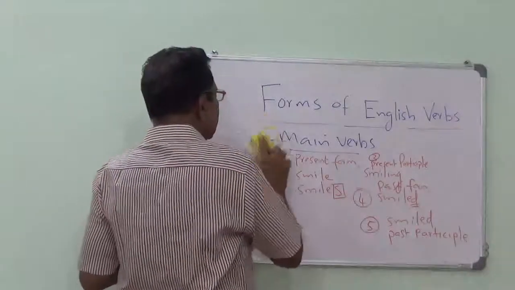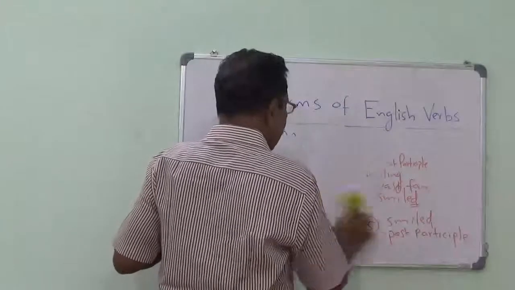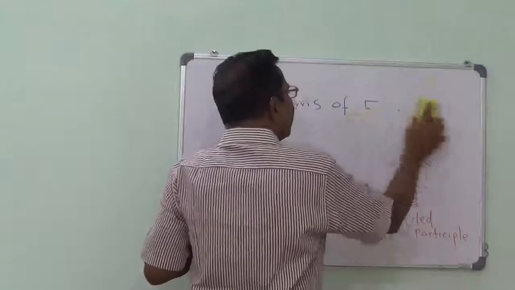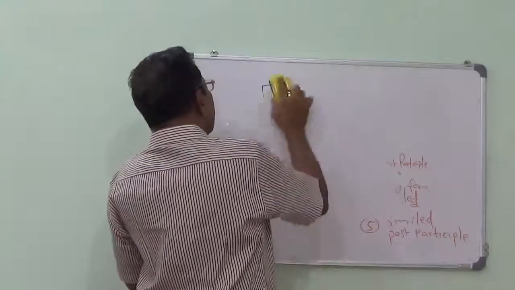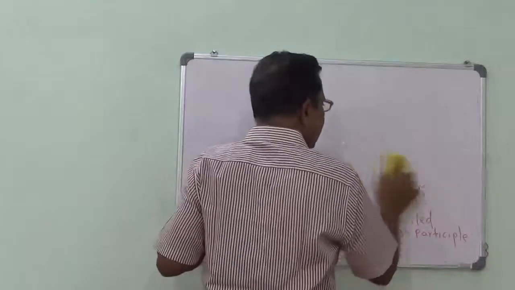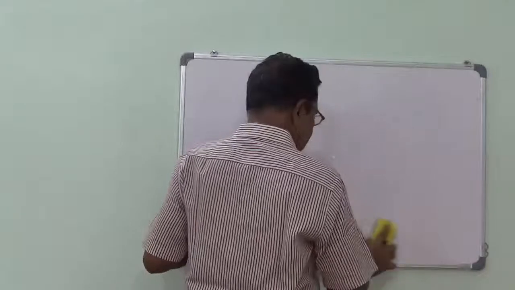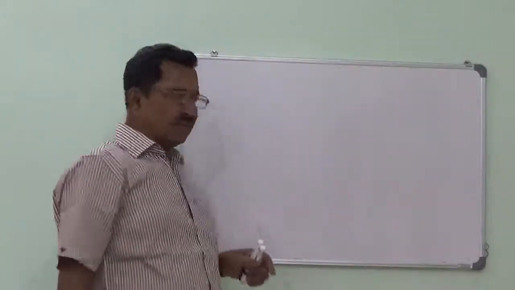So now let us take some examples. Examples you yourself can give me. We will take only 5 examples today. And some 20-30 examples you can do as a project and bring it to me as early as possible.